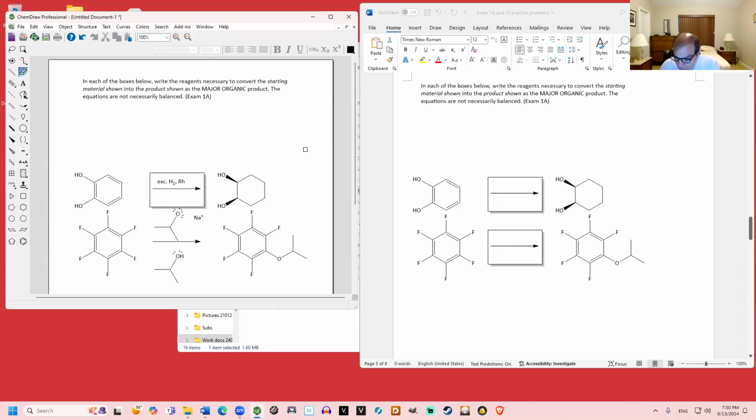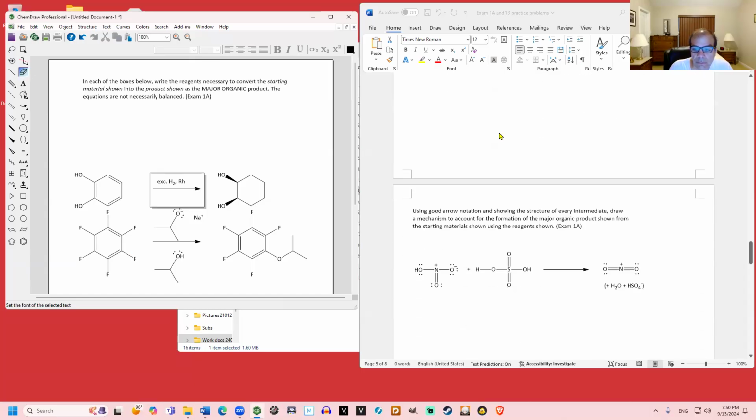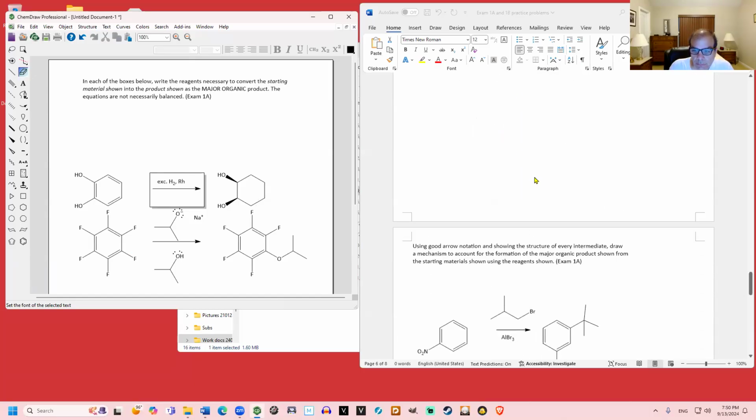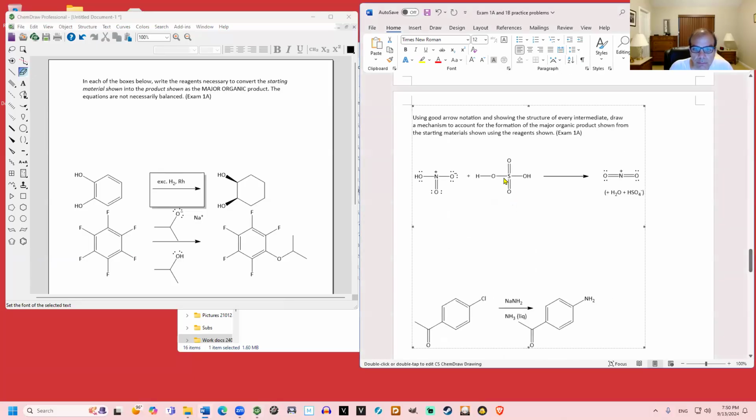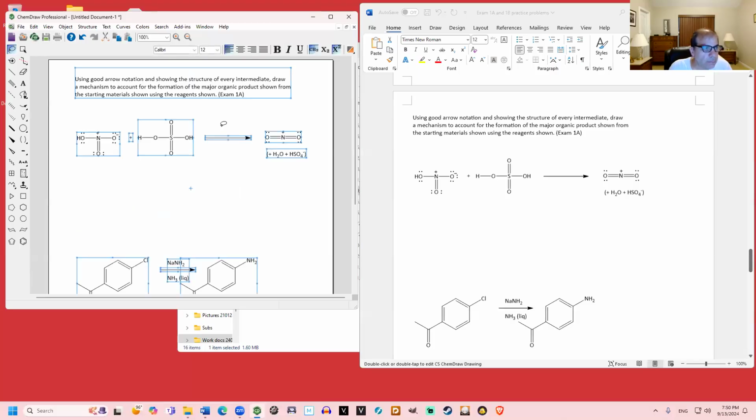And I think with that, all we have left is mechanisms. Four mechanisms to be precise. So the first one is just conversion of nitric acid and sulfuric acid to the nitronium ion. This is part of the mechanism of electrophilic aromatic nitration.